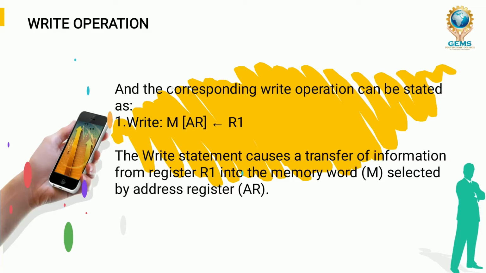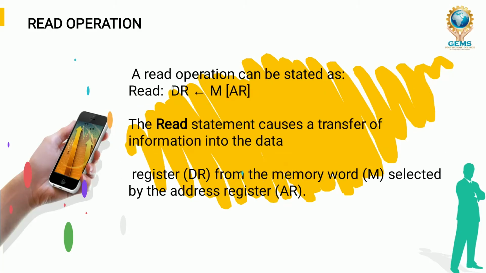Look at here. I already said in a memory there are two kinds of operations. One is the read operation, the second one is the write operation. What is the read operation? A read operation helps you to read data from memory.